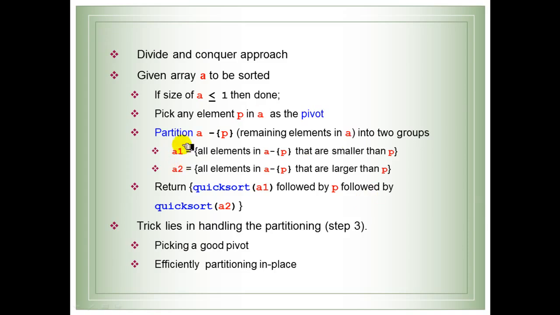We call them A1, the elements less than P, and A2, the right array wherein the elements are greater than the pivot element. We apply quicksort recursively to the two subarrays A1 and A2 till we get a sorted array. So the trick lies in picking a pivot element. So first we have to pick a pivot element.